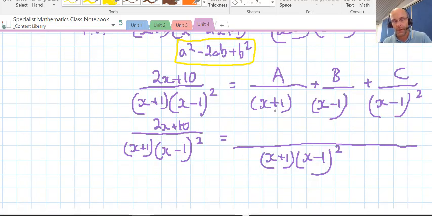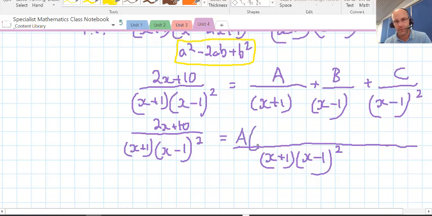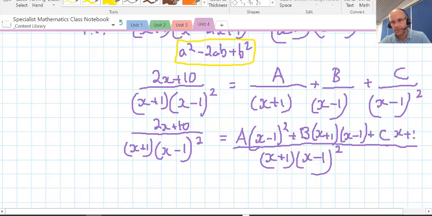So to give those three fraction terms on the right-hand side the common denominator so we can equate numerators later on, we've got a, and it's been multiplied by x minus 1 all squared. We have b, which has been multiplied by a factor of x plus 1 and x minus 1. And c, which has been multiplied by x plus 1.